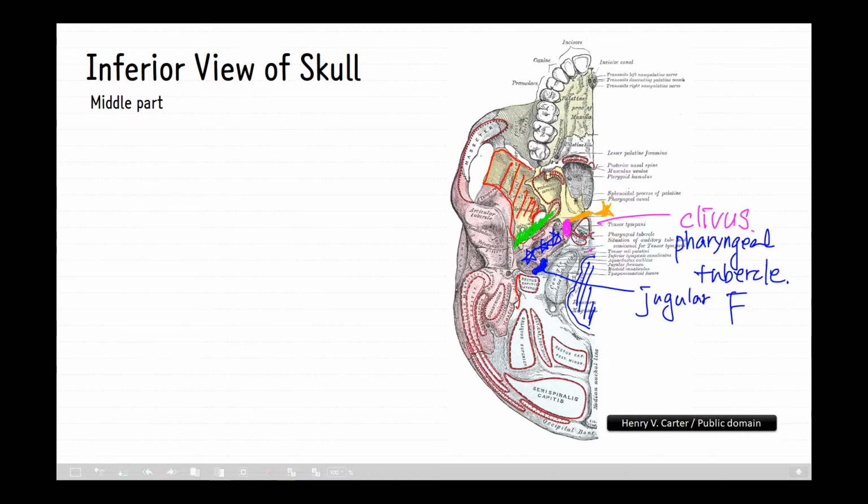So this hole we call the foramen lacerum.